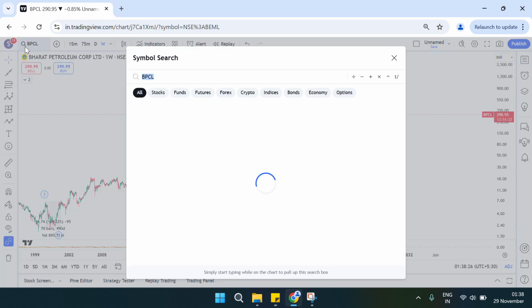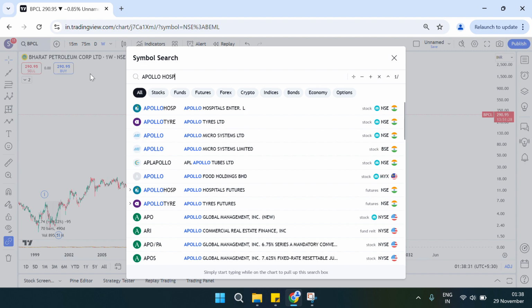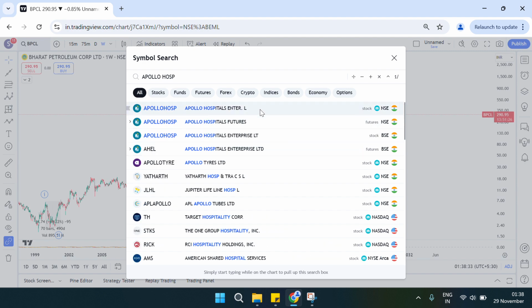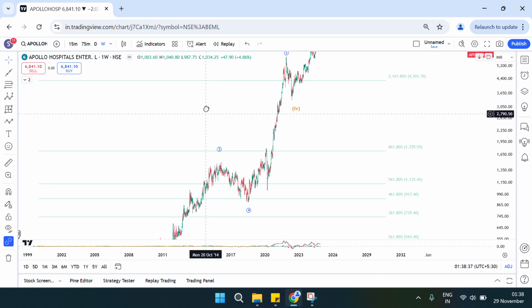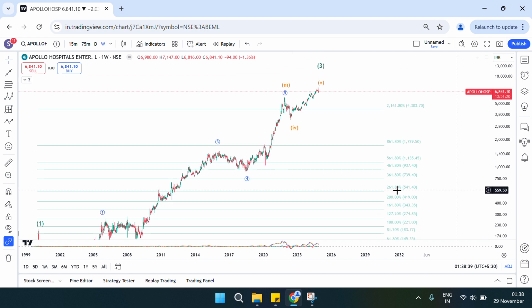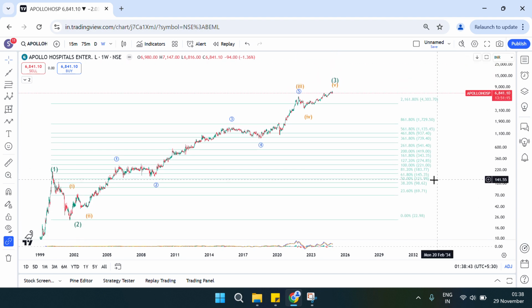Next, we have Apollo Hospitals. Now this also has a similar story, has an extended wave 3, and extended how? It's extended for 22 years.